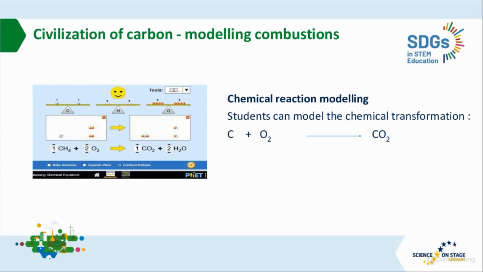So they can model the different chemical reactions, how the atoms join, and how to balance the mass of the chemical reaction. So you can use this simulation to explain Lavoisier's law, or the law of conservation of mass within chemical reactions, which I suppose in most countries is covered in secondary school.